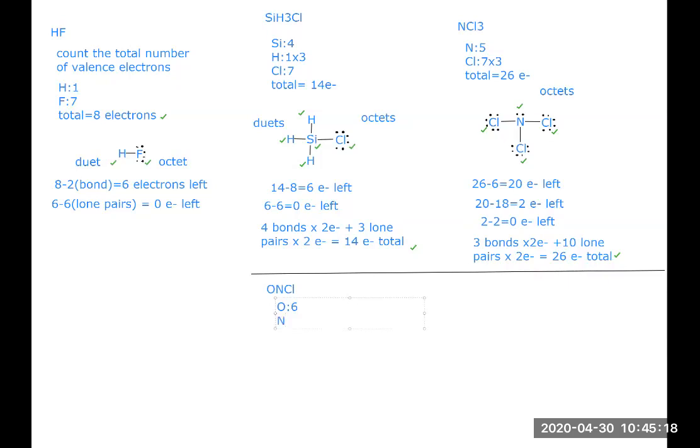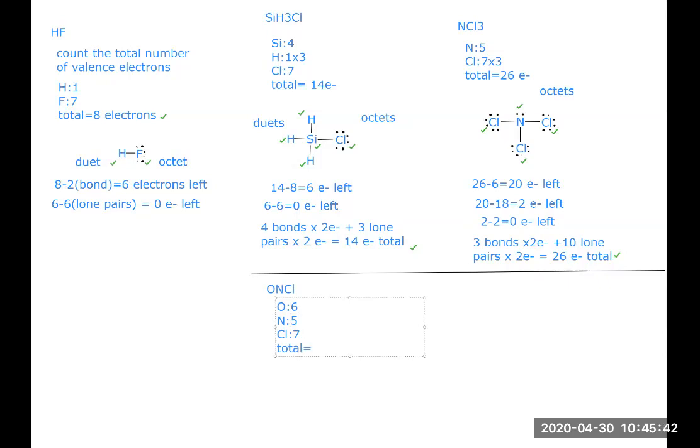Nitrogen is in group 5A, as we've seen before, right? So nitrogen brings 5. And then chlorine in group 7A brings 7. And it's 1 of each. So we just calculate the total here.